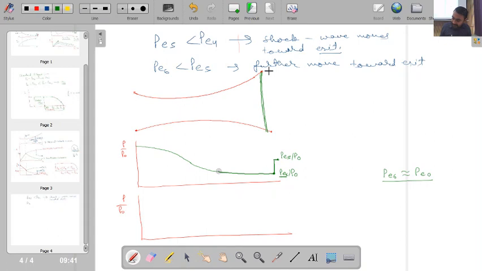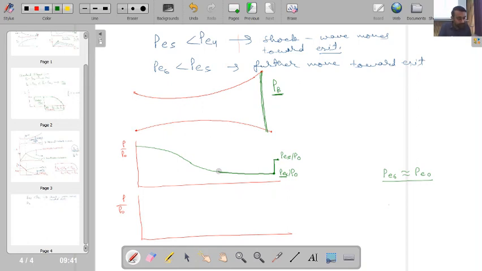Now I can have two more situations within the nozzle. One situation I can have is that, say the pressure which is just at the exit of the nozzle is PB. So PB is what I am calling back pressure, which is acting on the exit of the nozzle.